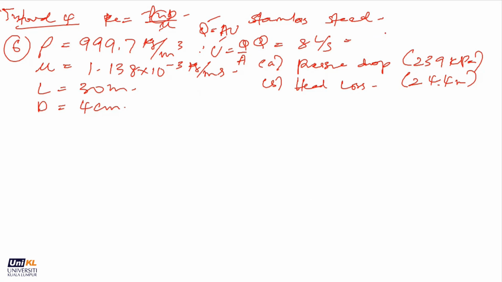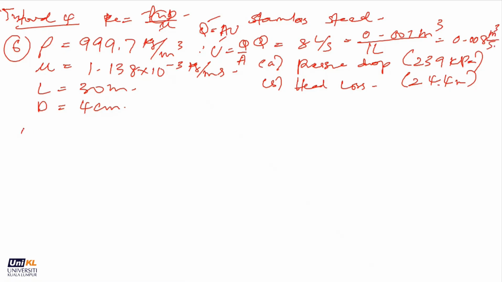Because all the information is in SI units, you need to change 8 liter per second to meter cube per second. 1 liter equal to 0.001 meter cube, so 0.008 meter cube per second.